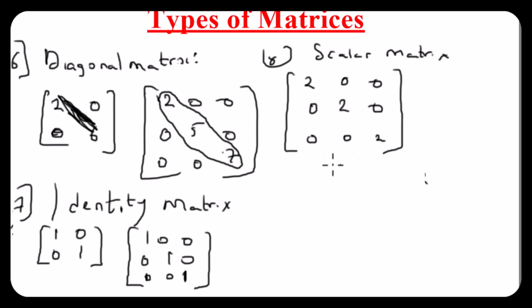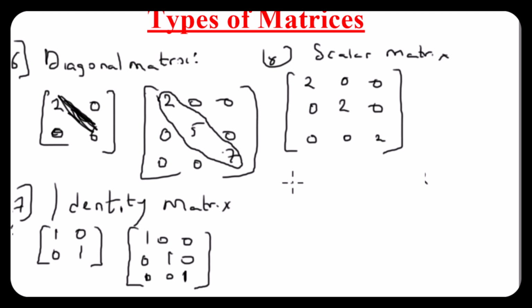So this is a scalar matrix. It's a type of square matrix in which all the diagonal elements are equal, but not equal to 1. If they are equal to 1, then we call it an identity matrix. The reason why we call it an identity matrix, we'll find out in the next video, where we talk about the addition and multiplication of matrices.